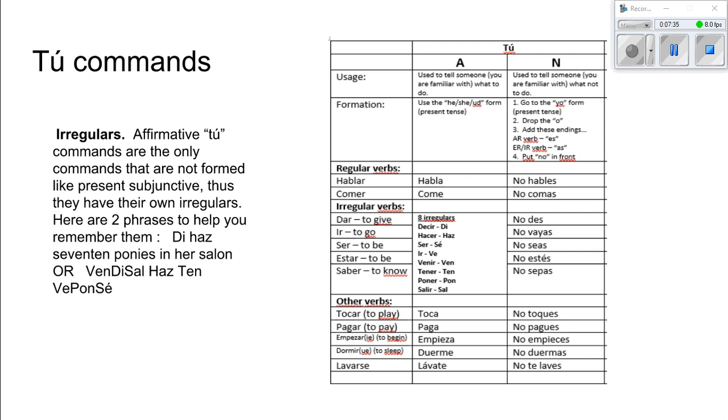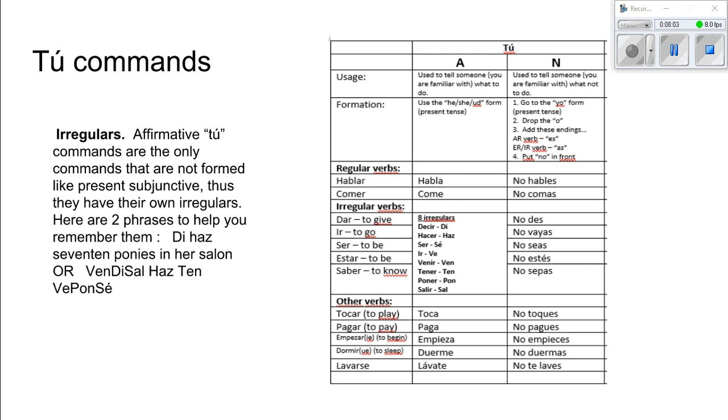And the negative for those is no des, no vayas, no seas, no estés, no sepas. Toca, no toques. Paga, no pagues. Empieza, no empieces. Y duerme, no duermas. Y lávate, no te laves. Please notice that if you have a pronoun you attach in the affirmative, you put it before the conjugated verb in the negative ones.